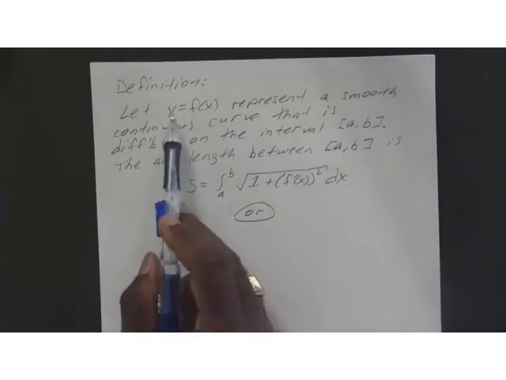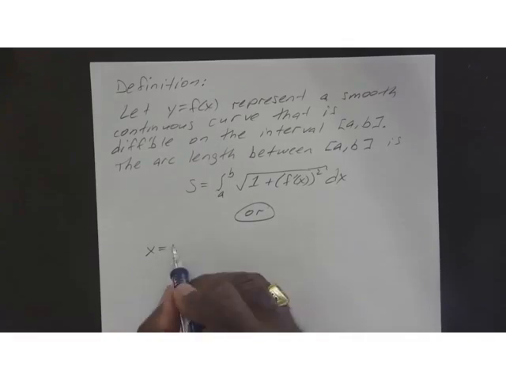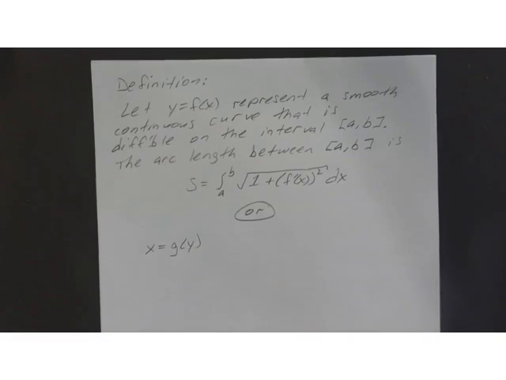Or instead of y is equal to f of x, what if we had x is equal to f of y, or in this case, we'll just say g of y to avoid any confusion.